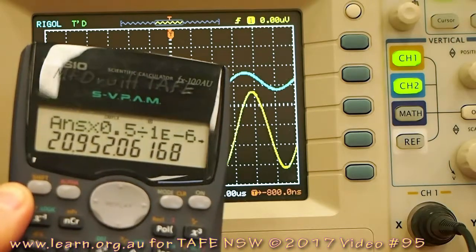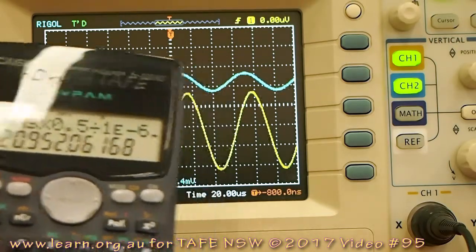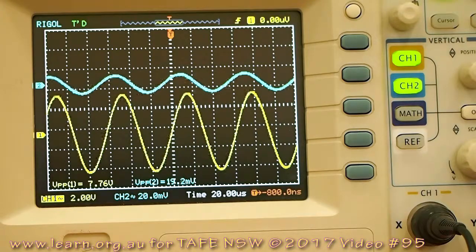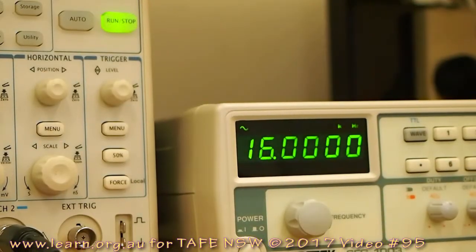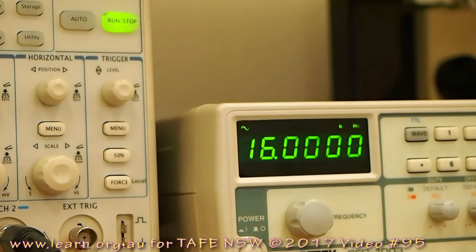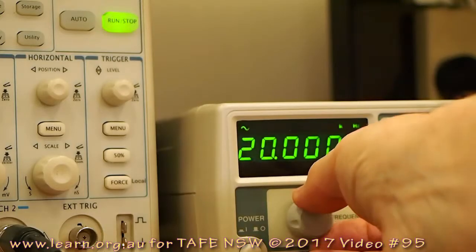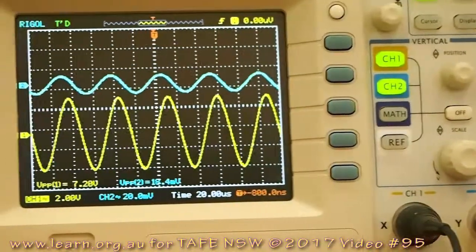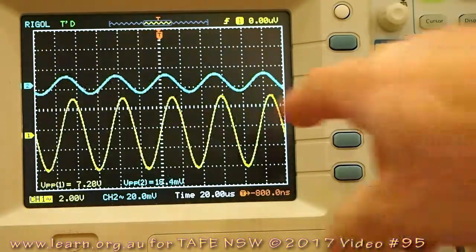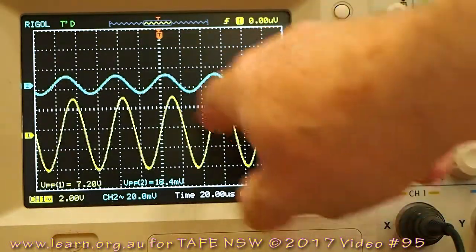So let's try that. Let's see if it works. We're currently looking at 16 kilohertz. The mathematics tells me I should get 21 kilohertz before I get slew rate distortion. So look at that. We've got 16. We'll up that a little bit, take it to 21. I can't see too much evidence of distortion there.